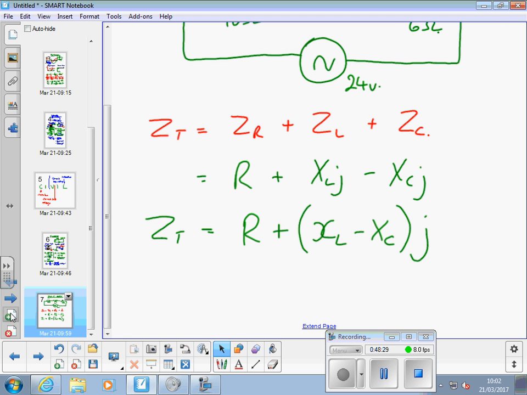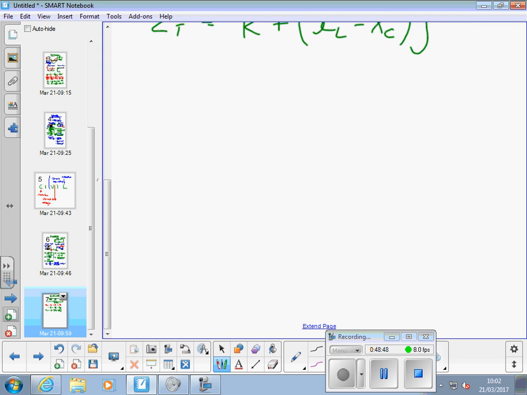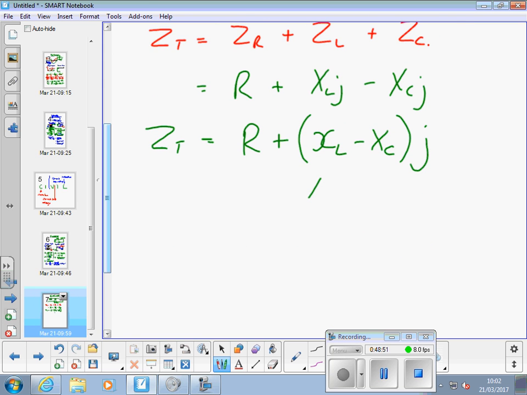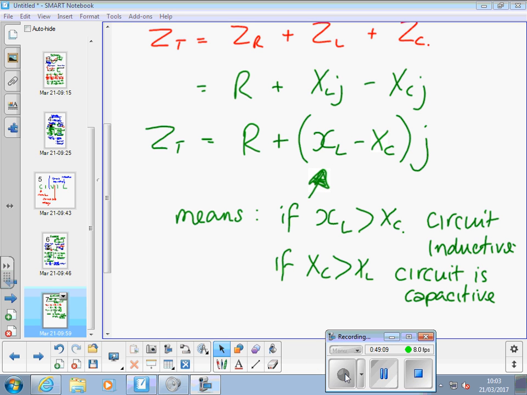If XC is bigger, then there'll be a capacitive circuit overall, because that bit in brackets will come out as negative. Yeah? All right? Yeah?